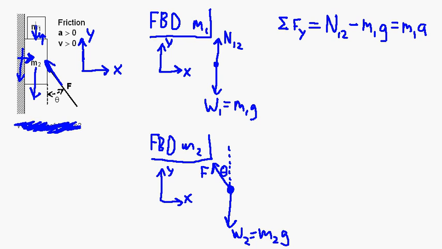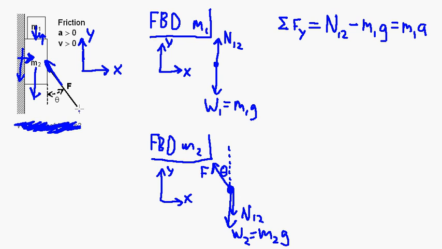We have the weight of mass 1 pushing down on it. Let's see. No, I'm sorry, that's not what we have. We have the normal force between 1 and 2 acting vertically.